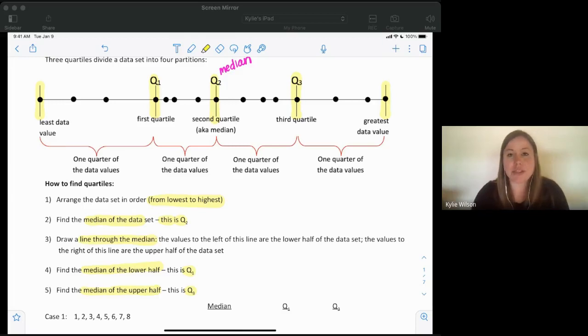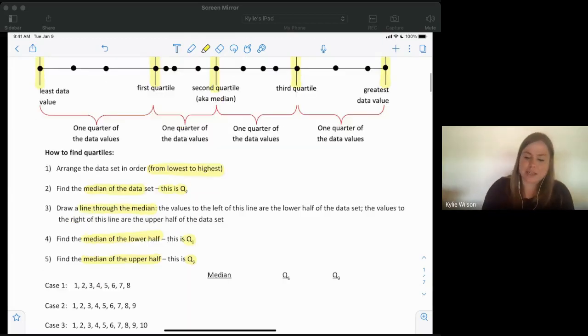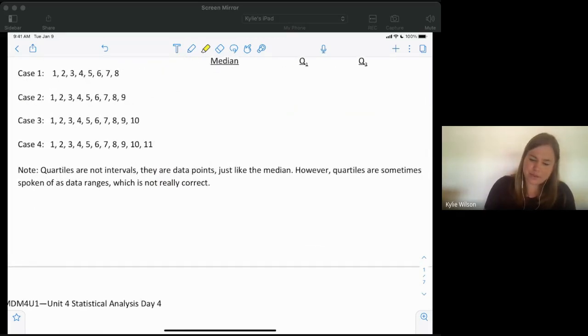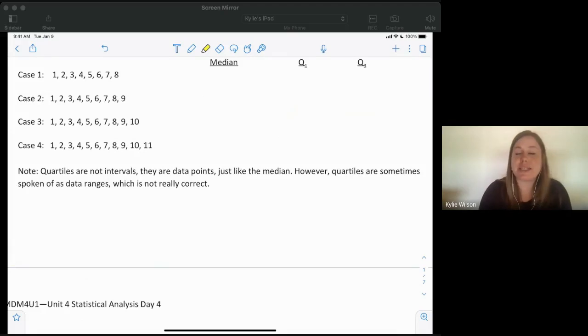Now what we're going to do is 4 examples going through those steps just to emphasize them. You'll notice that these 4 examples are broken down into cases, so I will explain what each case means. You will not be expected to memorize the cases and know what each case represents, but it is important just to see the differences.